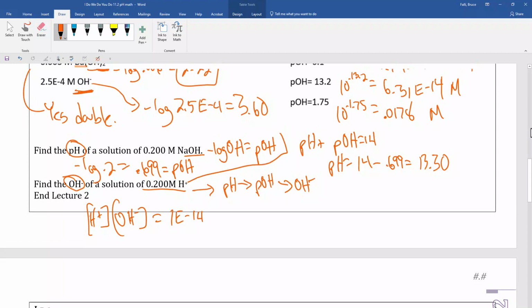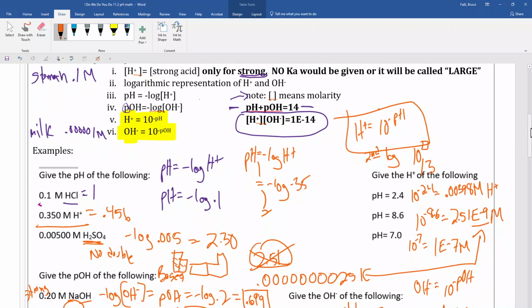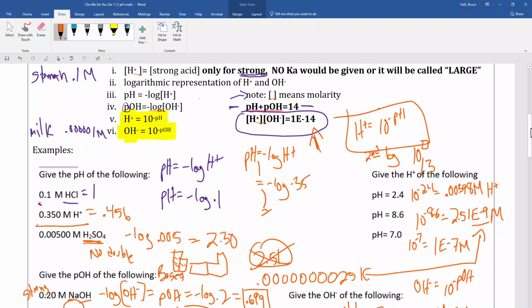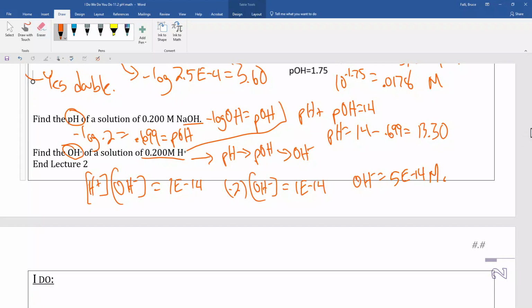Oh, that's the list of equations, right? I'll use that one right there. So I have 0.2 times OH negative equals 1E negative 14. So OH negative equals 1E negative 14 divided by 0.2. And I get 5E negative 14 molar. And that's all there is to it.